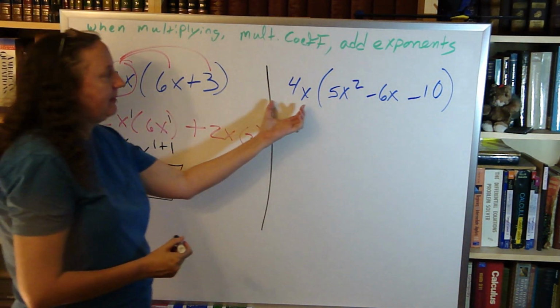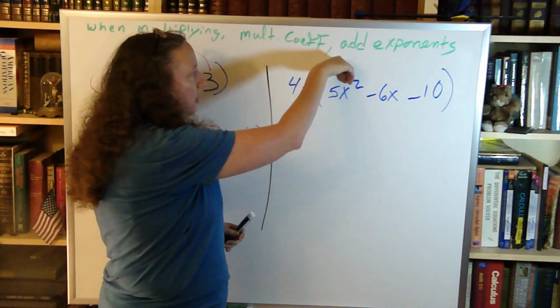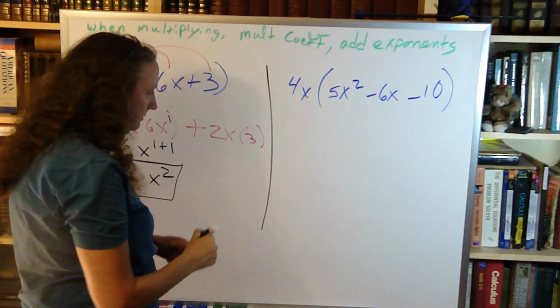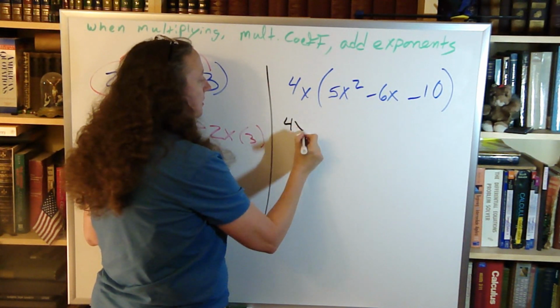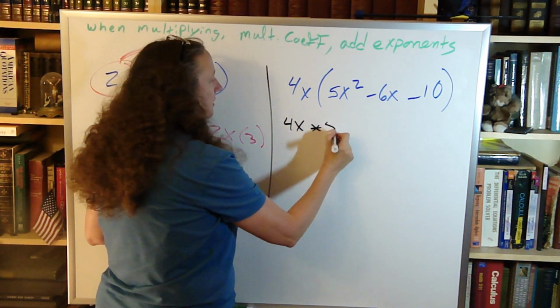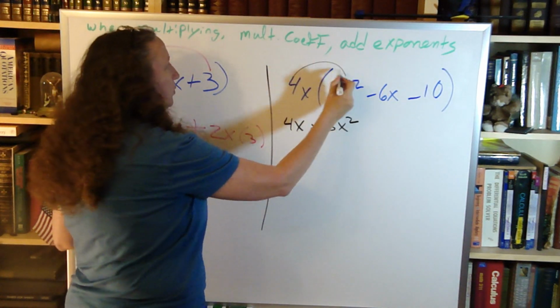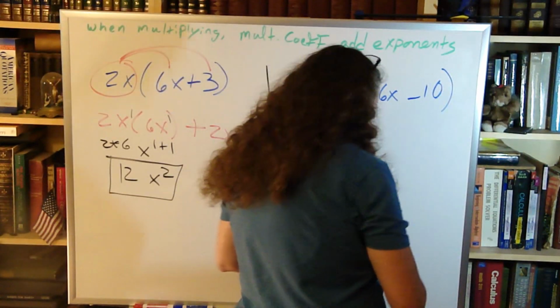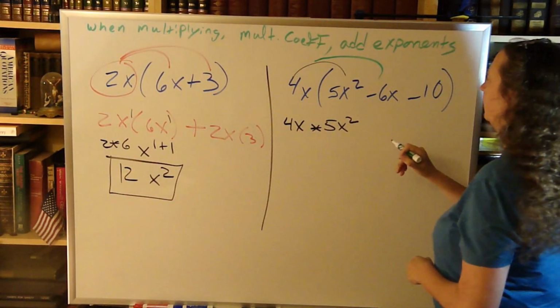I'm going to multiply my 4x in, both the 4 and the x, and it's going to go to each of the 3 terms. So I have 4x times 5x squared. That's that first one. I have 4x times minus 6x.